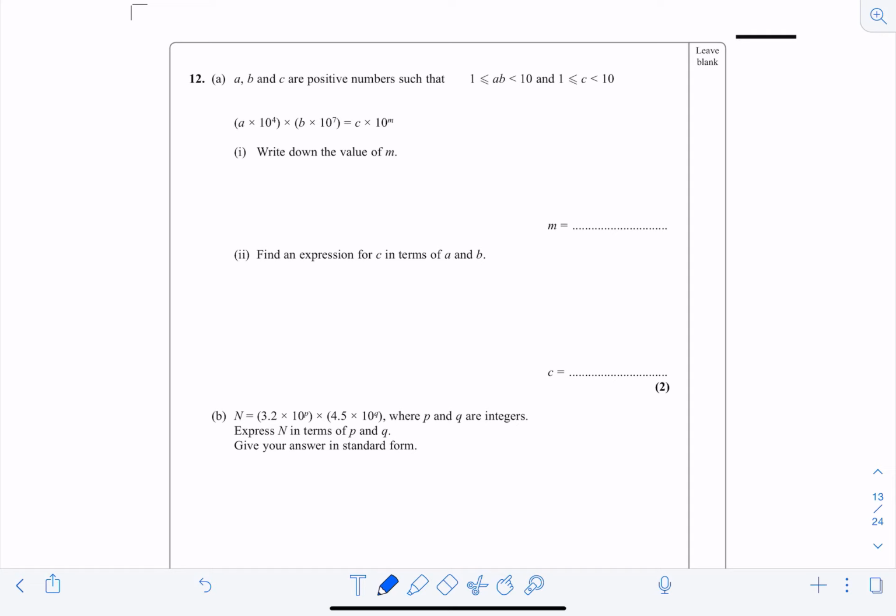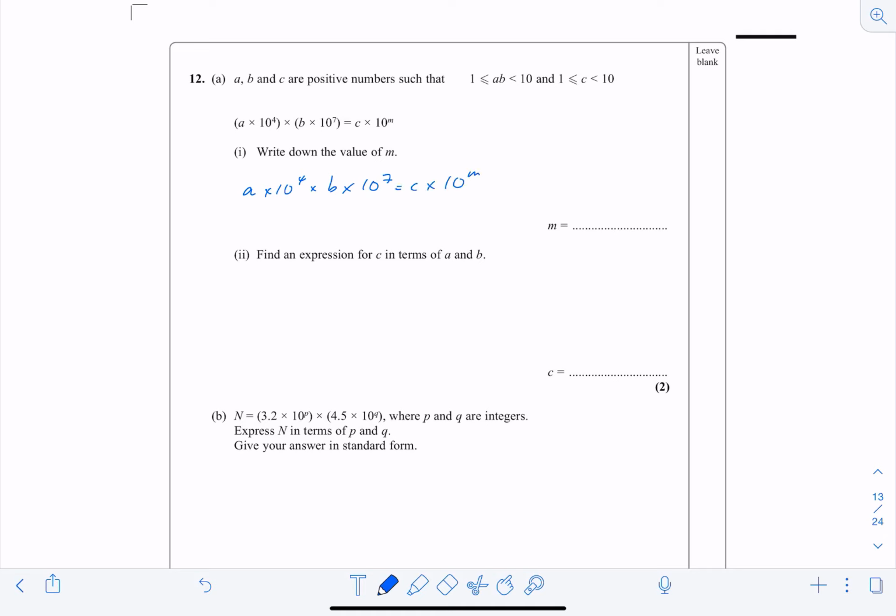Write down the value of M. Well, I would say that A times 10 to the 4 times B times 10 to the 7 equals C times 10 to the M.